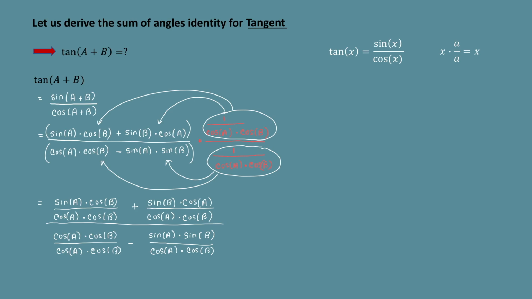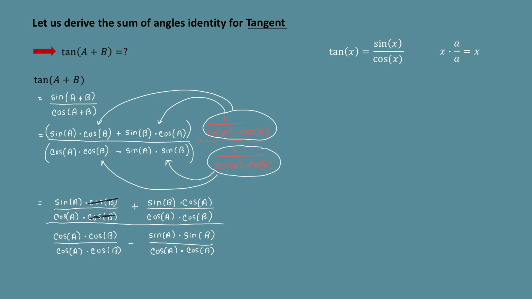Take a look at this. See, here we have cosine B and cosine B below. So then that means that I can very nicely cancel this and this.